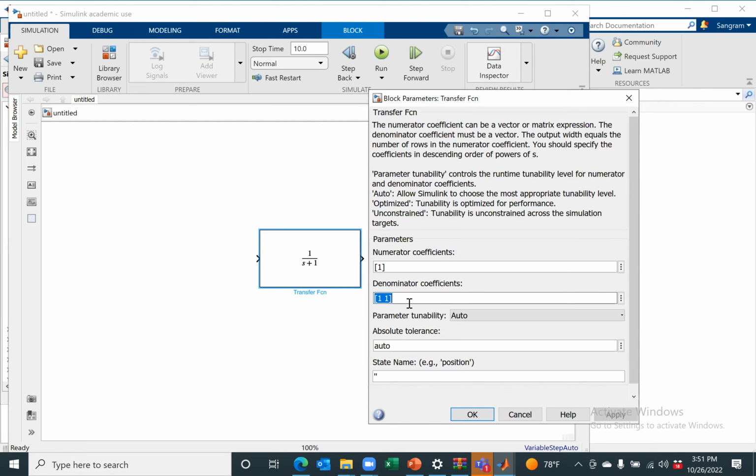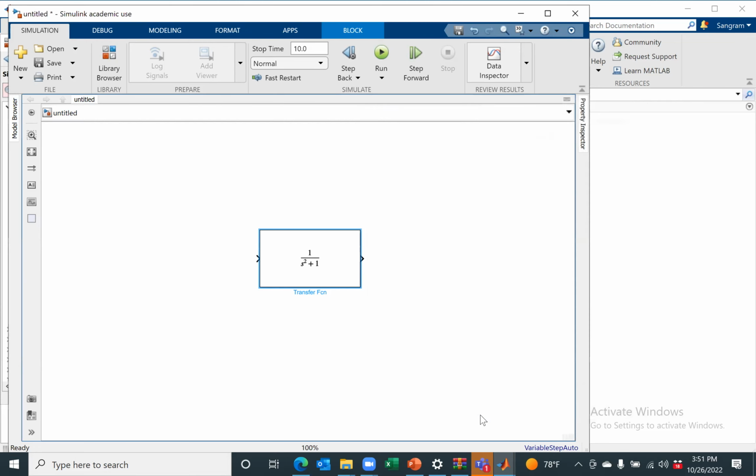Which means the numerator is 1 and the denominator coefficients are 1, 0, 1. So the numerator coefficient stays as is, but the denominator coefficient changes to 1, 0, 1. Click on it, and now can you see that this has become the transfer function? Are you with me so far?